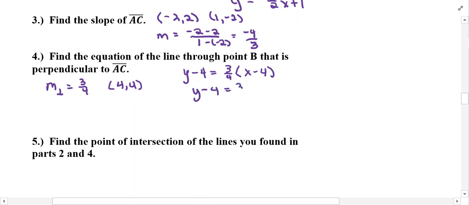Distribute: 3/4 x, and then 3/4 times -4 would give us -3. Add 4 to both sides. So now I have the equation y equals 3/4 x plus 1.